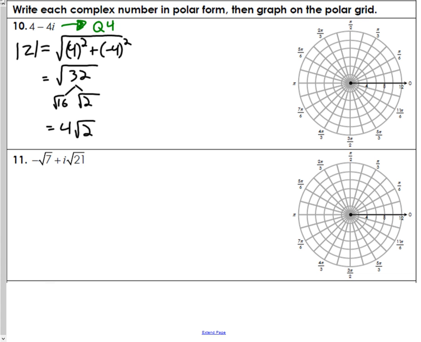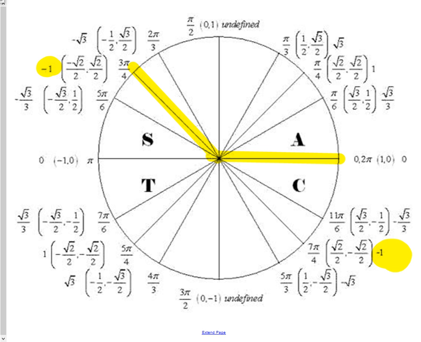So when I go to find tangent inverse, again, we're talking opposite over adjacent, or y over x. So that's negative 4 over 4. What I'm really looking for is where is tangent going to be negative 1, because negative 4 over 4 reduces to negative 1. When we bounce back to our unit circle, there are a couple of places where tangent is negative 1. So we need to keep in mind the quadrant that this complex number lies in.